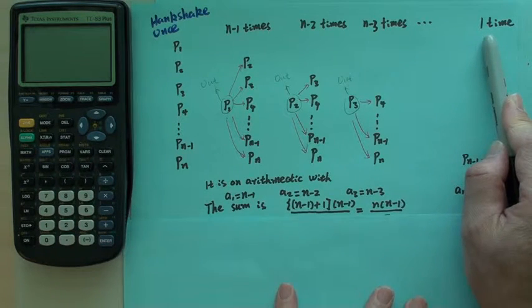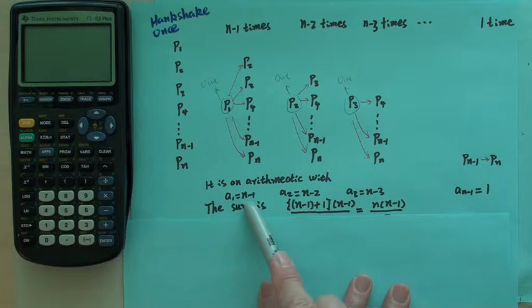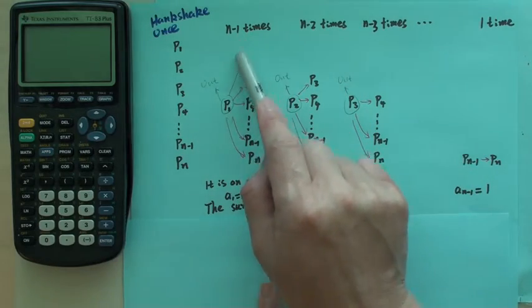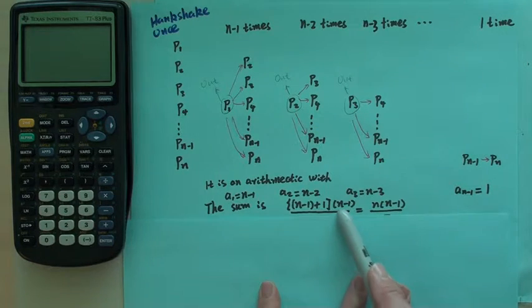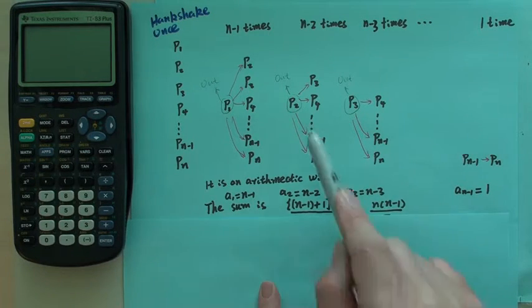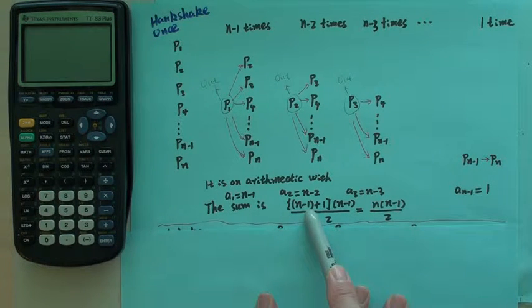So basically what you do is the first 10, n minus 1, plus the last 10, times the number of tens, that is n minus 1 tens, from 1 to n minus 1, divided by 2. Here they cancel each other, positive, negative 1.